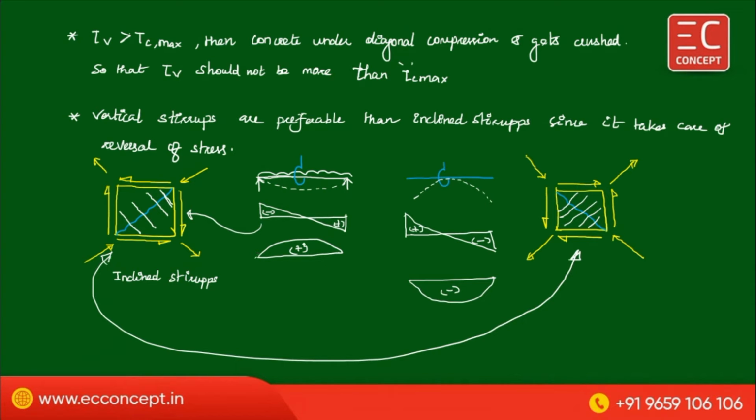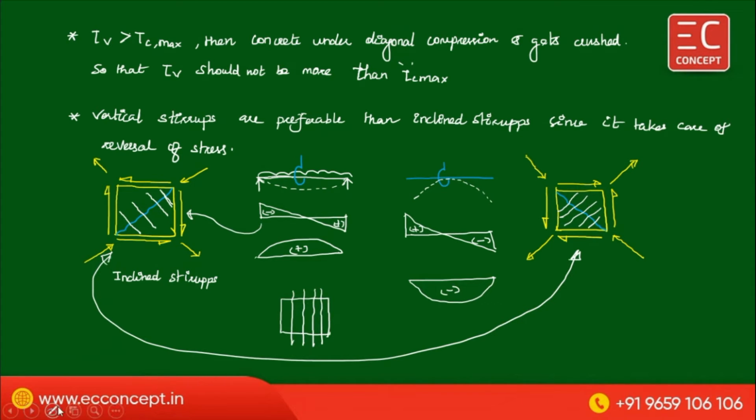That is the reason we have to use the vertical stirrups. If you use the vertical stirrups, then this holds good for tension as well as compression. Whatever may be the shear force, somehow it will bear.